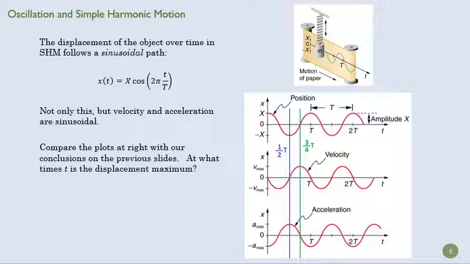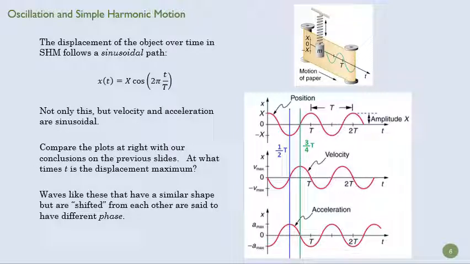So you notice that these plots are shifted. They look identical. They're the same shape. They're all sinusoidal, but they're shifted. So I've taken this position plot and I basically move it over by a quarter T. My low peak here is my low peak a quarter T before that.